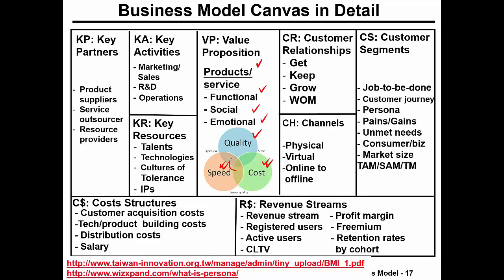It's hard to actually have the highest quality, the lowest cost, and the fastest speed. Sometimes you need to pick and choose which area you want to emphasize in your value proposition, and don't underestimate the value of the social and emotional aspects of your product and service.